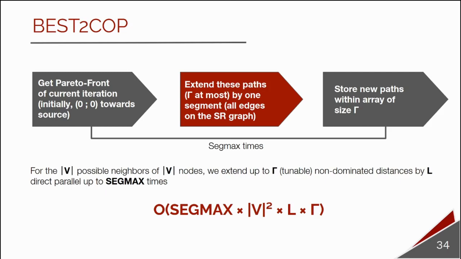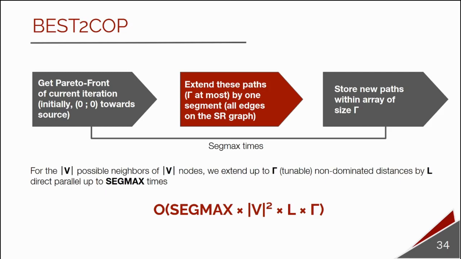You filter the paths that you found to only keep the ones within the Pareto front, right? And the paths that survive this filtering are then extended by one edge at the next iteration. The important thing is that you explore the graph by ensuring that the paths you discover at the xth iteration are paths of x edges, and at each iteration you keep only the Pareto front.